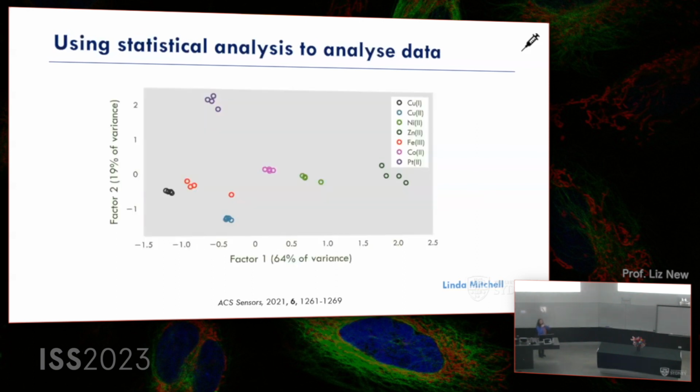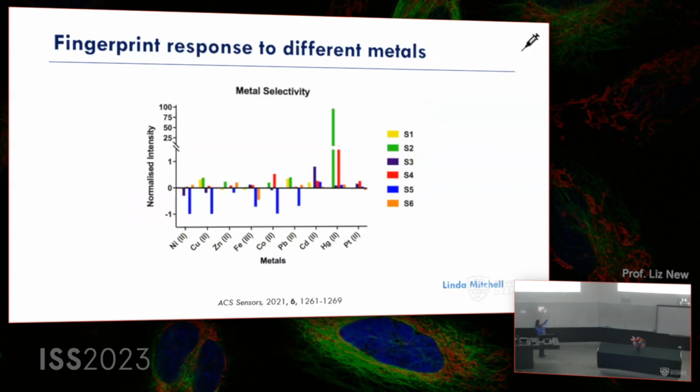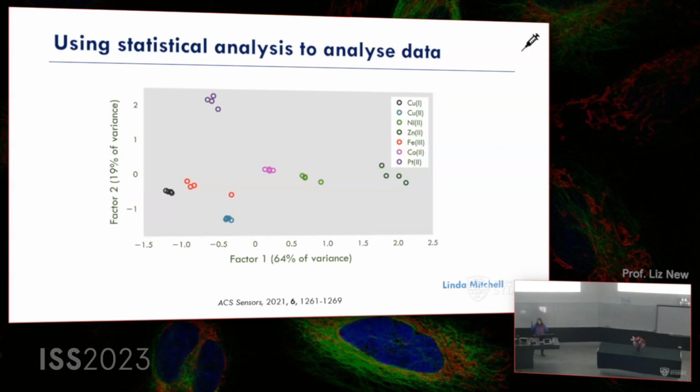And so we can take those many dimensions, this is how many dimensions of data we have, and our statistical software can reduce it down to 2 dimensions of data, and now we can see that each of our different metals is very well distinguished from each other. So we can use this complicated sensor array to tell us what is platinum and what is cobalt and what is iron.